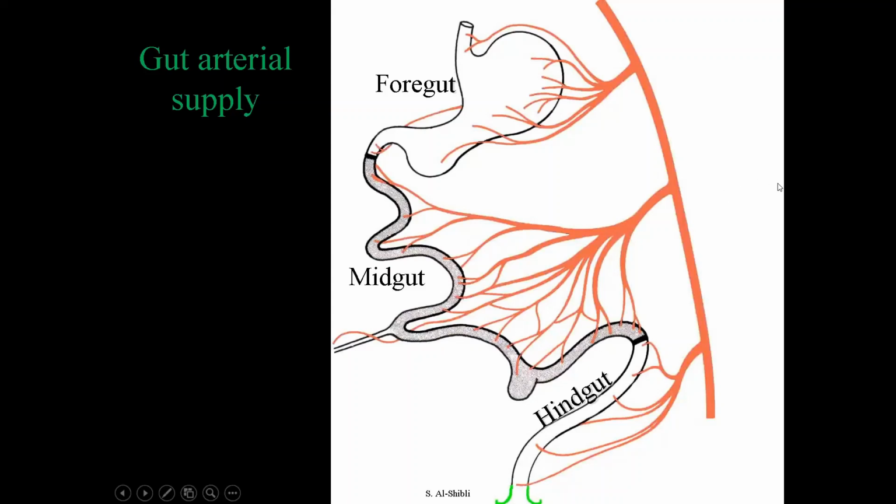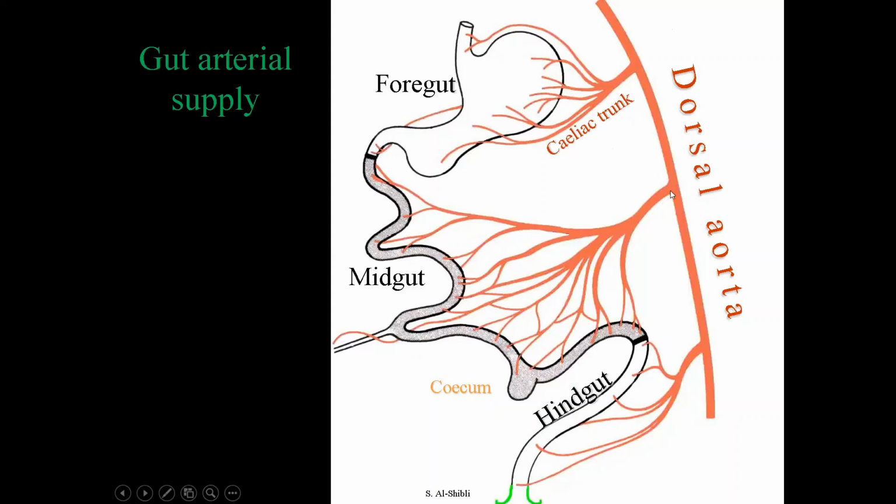For each gut, it has its own arterial supply. As you know, this is the dorsal aorta, and here we have the celiac trunk or celiac artery, which gives the whole blood supply to the foregut. That means the lower part of the esophagus, stomach, and half of the duodenum.